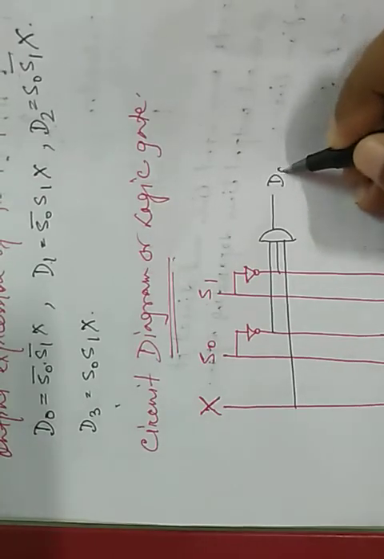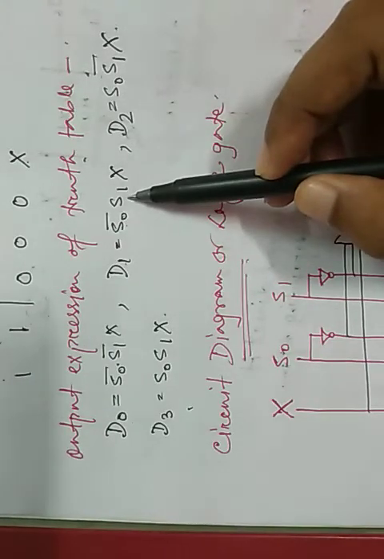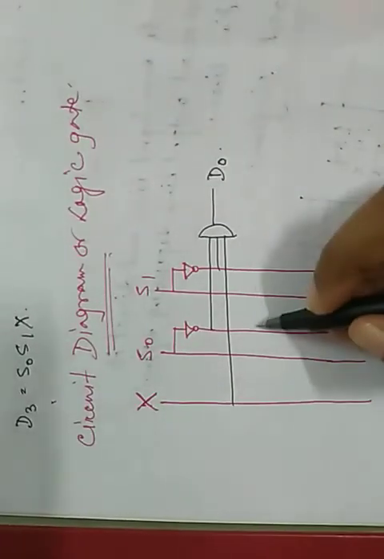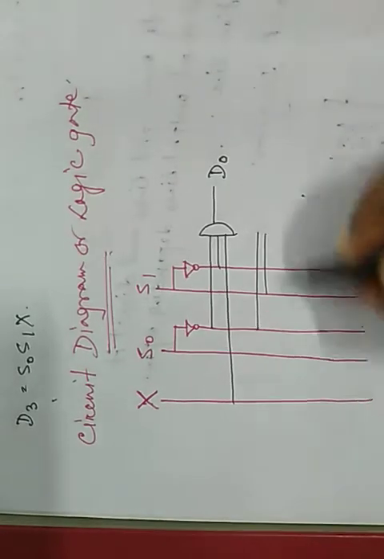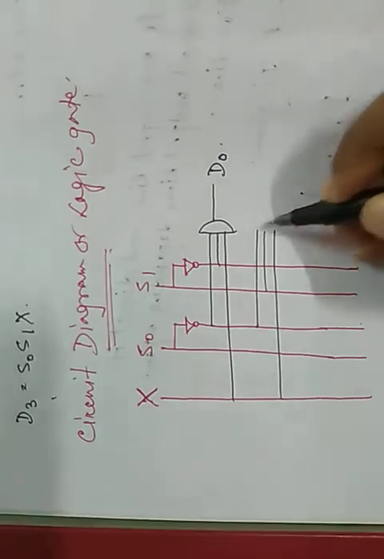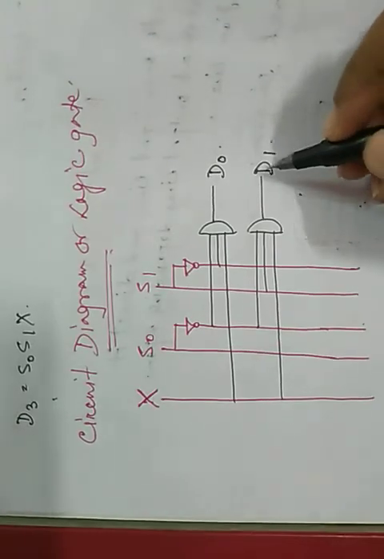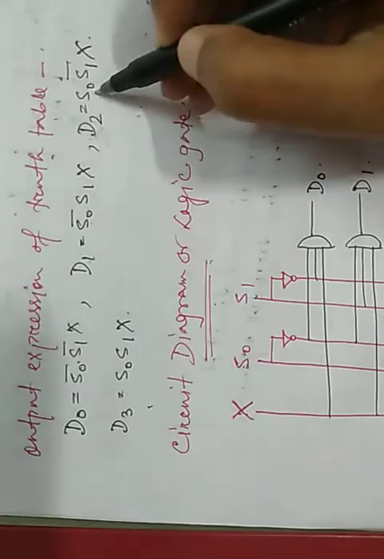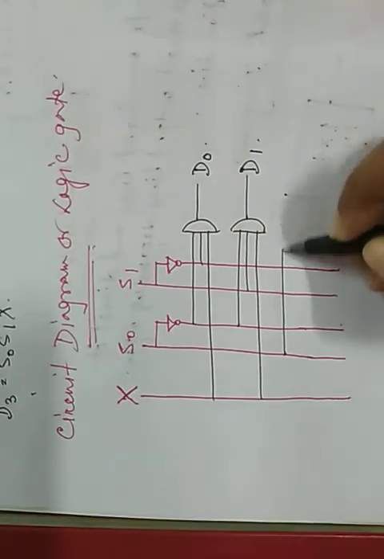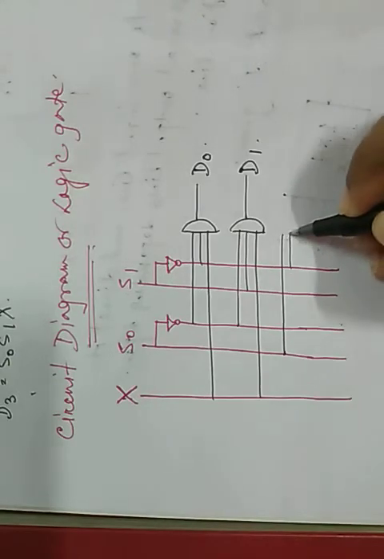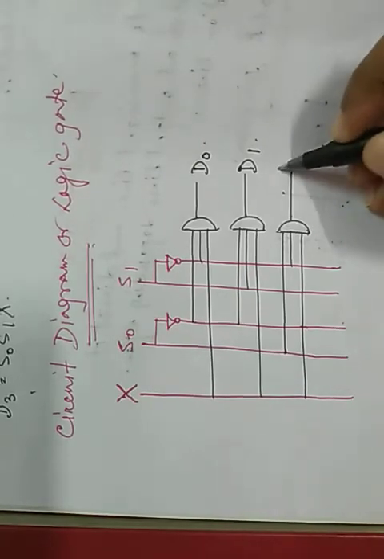For D1, S0 bar S1 X. For D2, S0 S1 bar X, so S0 is direct, S1 bar here, and X here.